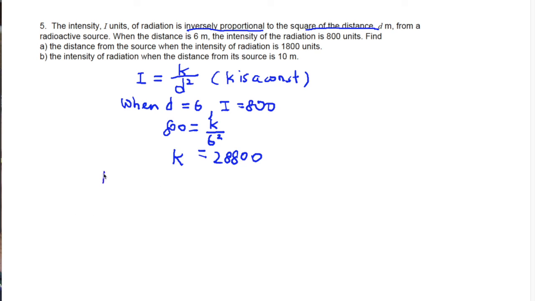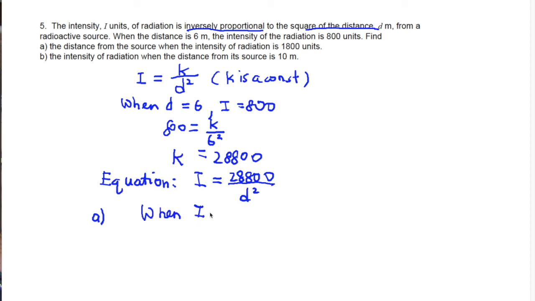So now we have found the equation, which is I equals 28800 over D square. And we have to find two values. The first one, we have to find the distance given the intensity.